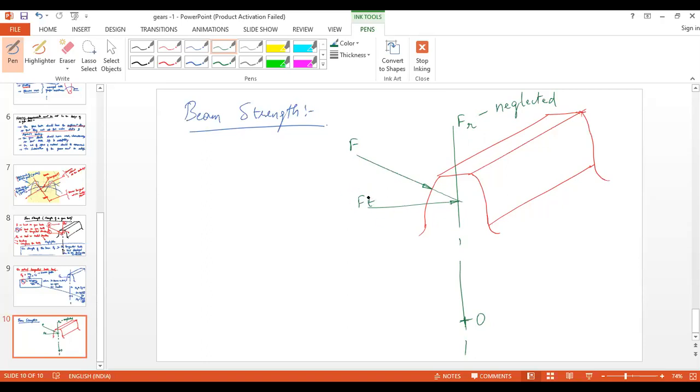Now we need to evaluate the value of Ft, so that if Ft, that is the strength, is more than the actual load, then you can say that the gear is safe. Is it clear? Yes, sir.